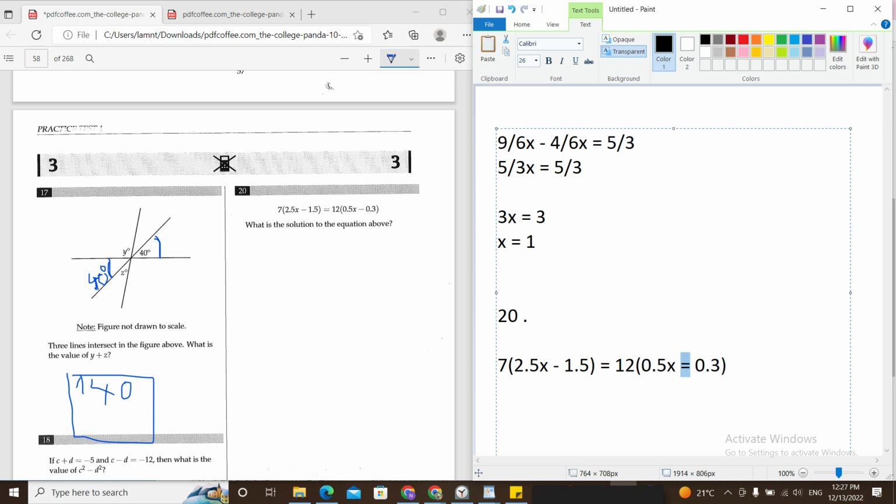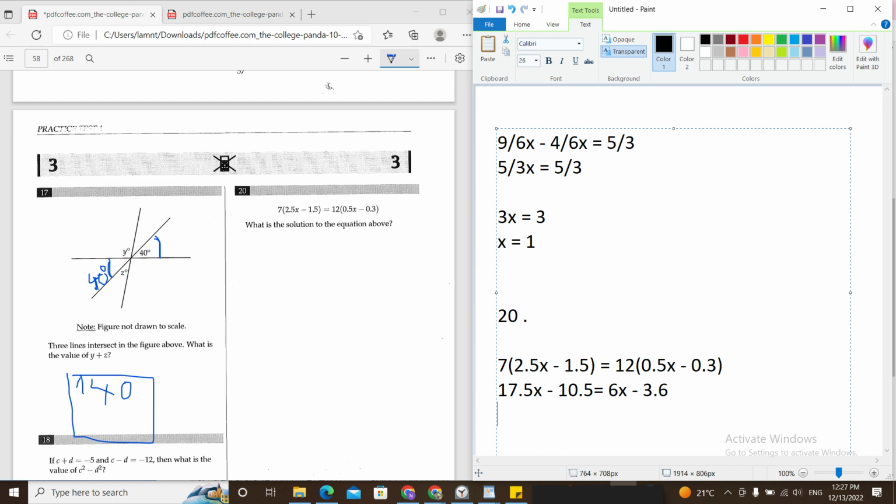Okay, so it's a minus here. So that's actually 17.5x minus 10.5. This is correct. It's equal to 6x minus 3.6.